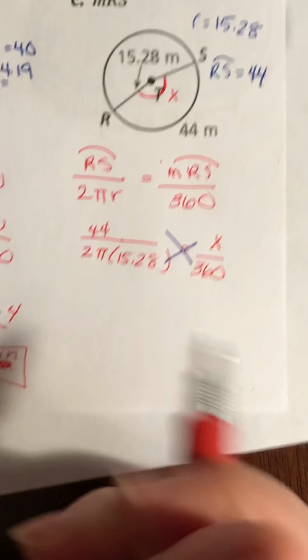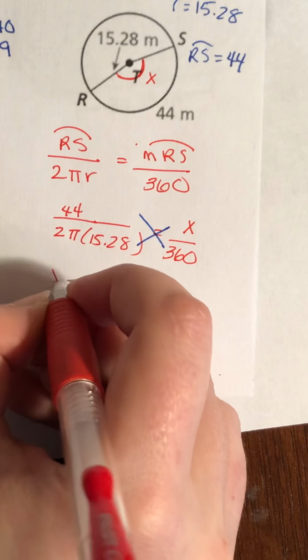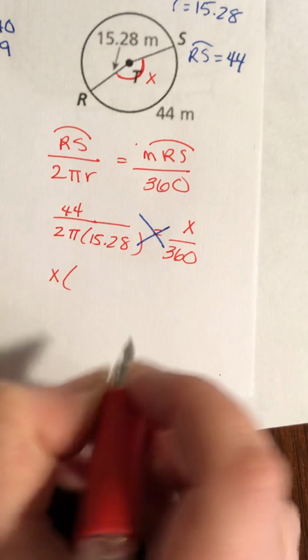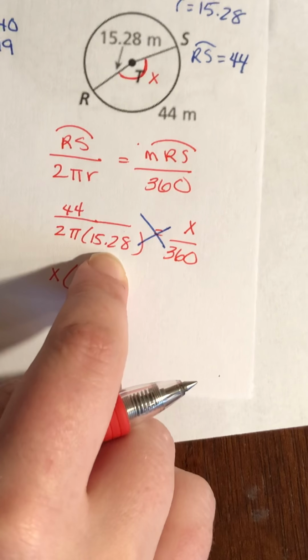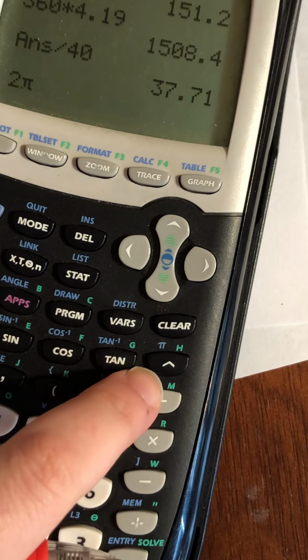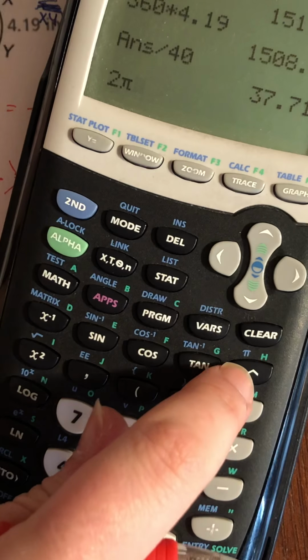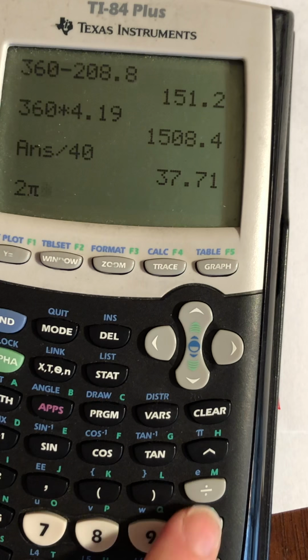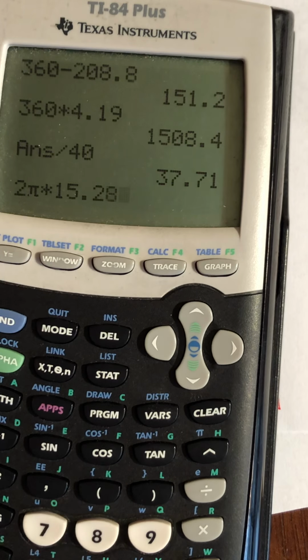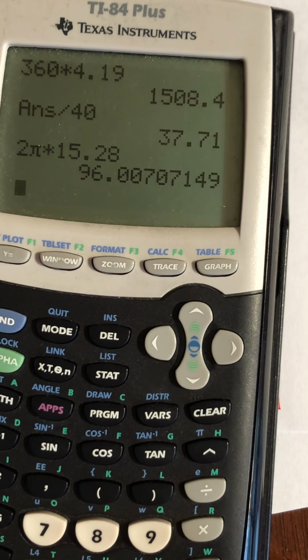If I cross multiply, you're going to get x times, if you put this whole thing into your calculator, which is why the pi button is useful. The pi button is right here. So if you click the second and the up arrow, that's where the pi is. So 2 pi times 15.28 gives us 96.007.